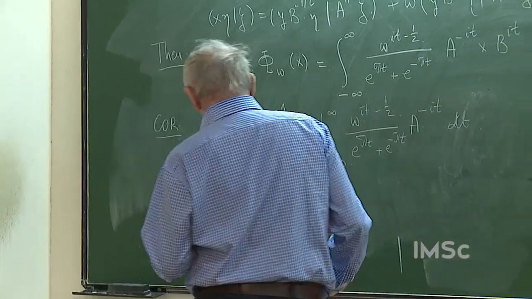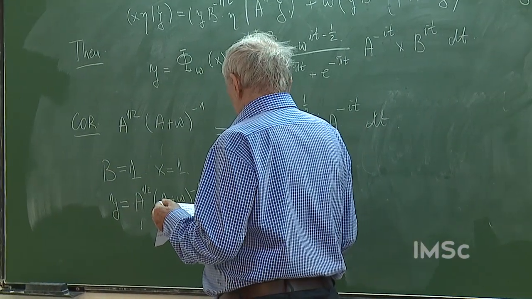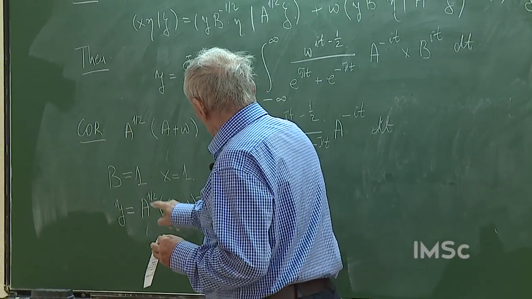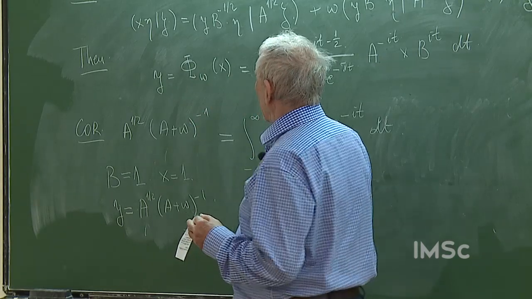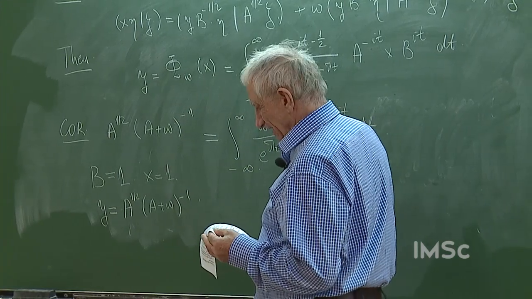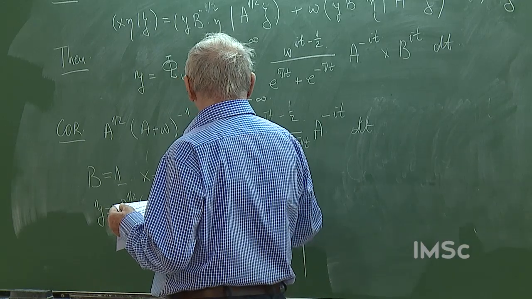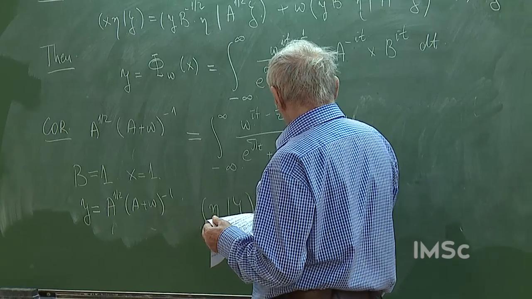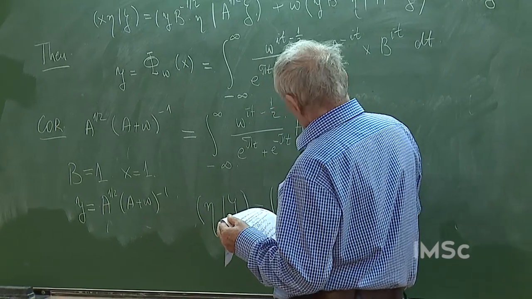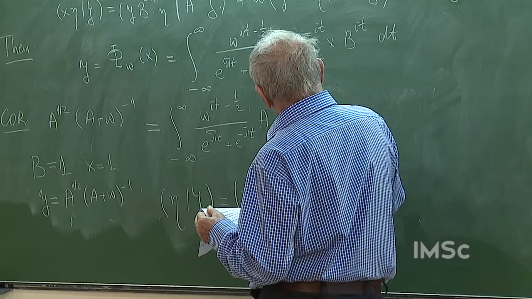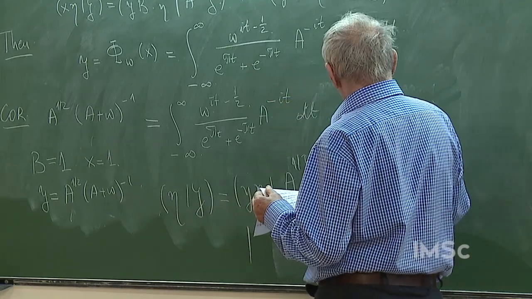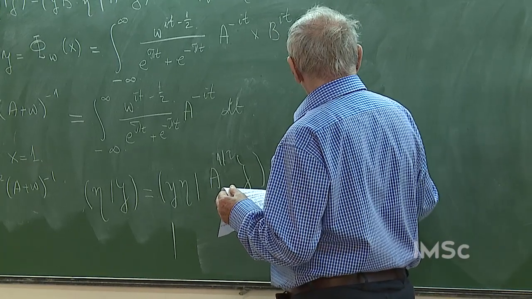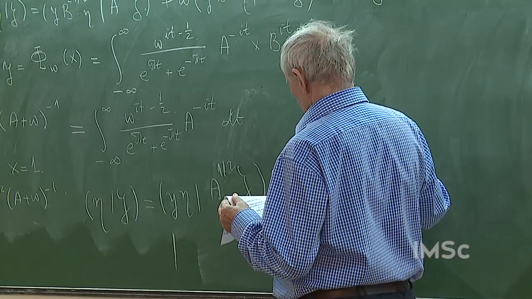And it's easy to check that for every zeta in the domain of a to power 1/2 and the domain of a to power minus 1/2, you have the following relation: eta zeta is equal to y eta a to 1/2 zeta plus omega y eta times a to power minus 1/2 zeta.